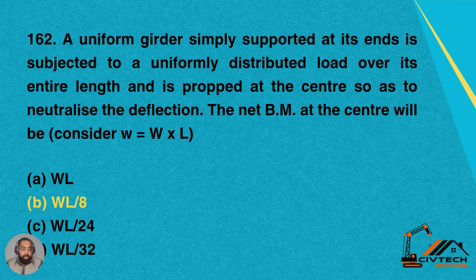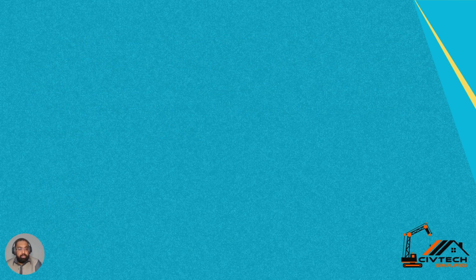Option A, WL, B, WL by 8, C, WL by 24, and option D, WL by 32. So B is the correct option. The net bending moment at the center will be WL by 8. B is the correct option for this question.